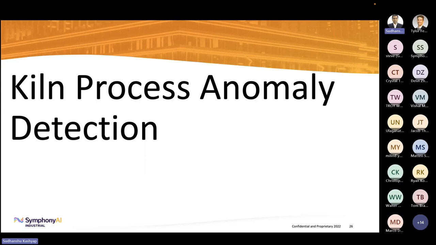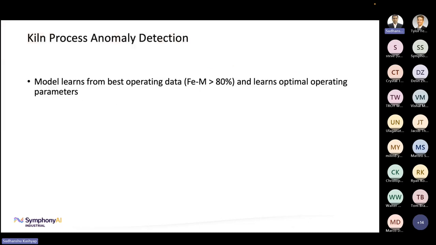And finally, as we talked about, this is a whole big process, and we want to look at the whole process holistically and see if something is going wrong, and that's where the process anomaly detection comes into the picture. The approach here is that the model learns the best operating data when the kiln was running fine.